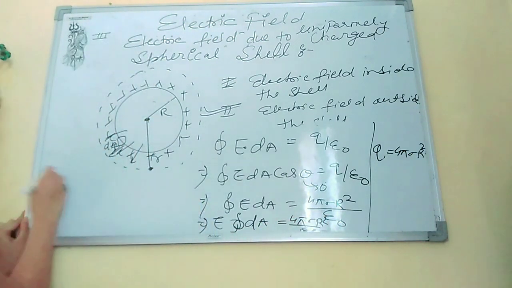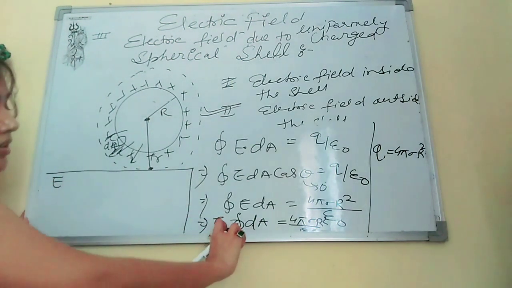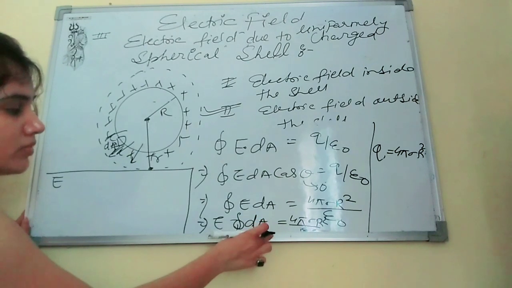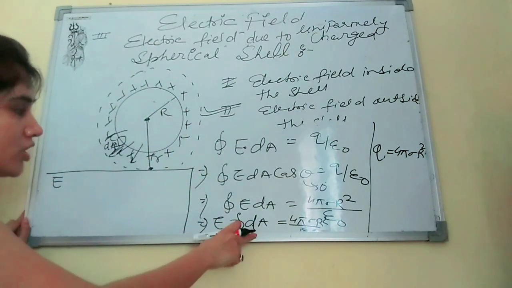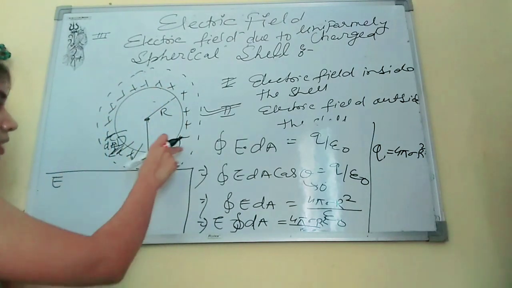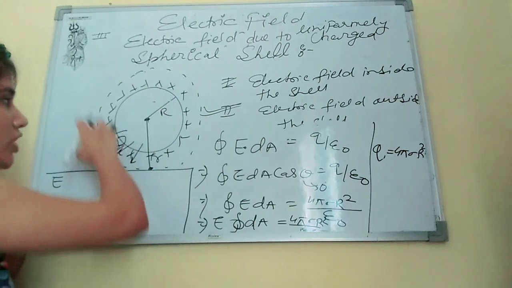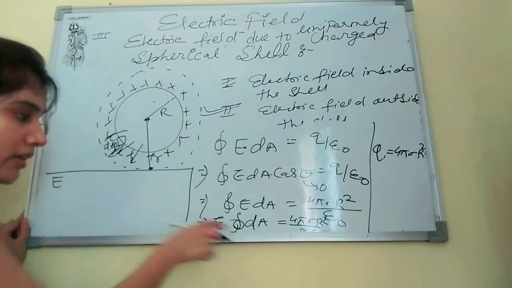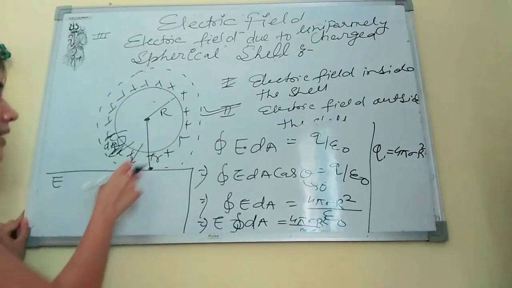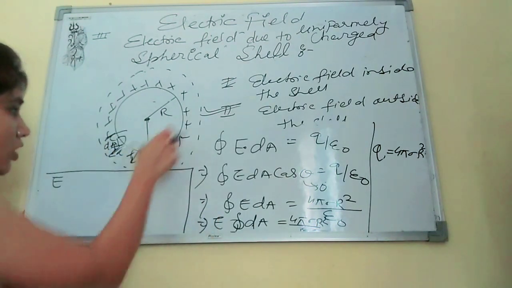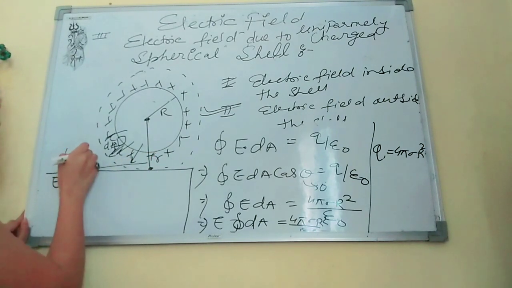Now I'm going to write here. So E times A, and for the area we will take the Gaussian surface which is lying outside this shell. We will take the area which is 4 pi small r square. It is also a sphere, so the area will simply be 4 pi small r square.